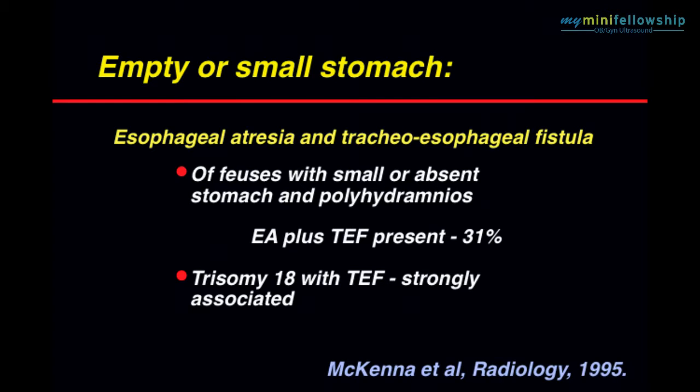So if you think that's the diagnosis, I highly recommend that you consider an amniocentesis to look for trisomy 18. And in addition, I think you want to be very careful to look for the features of the VACTERL syndrome.